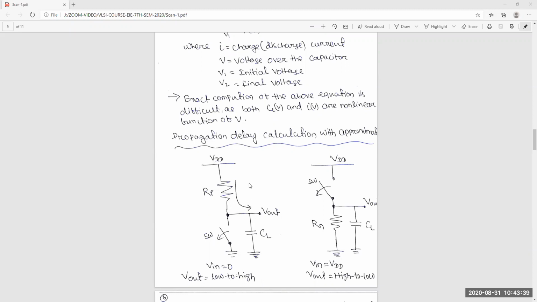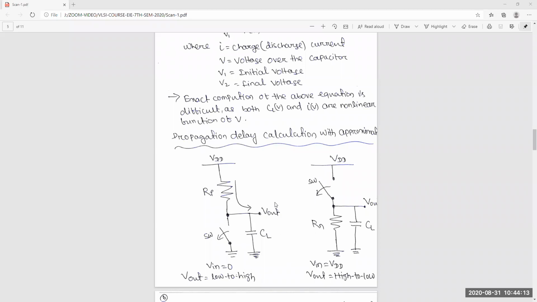Here the voltage will rise from 0 to high. Initially it was 0, and it will rise from 0 to high. Here initially it was VDD, and it will discharge from VDD to 0. This way we can calculate how much time it will take to charge to 50% of the supply voltage, because you calculate the propagation delay at 50% of the supply voltage.